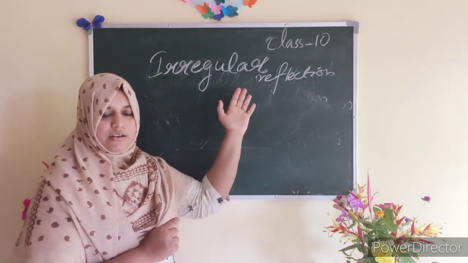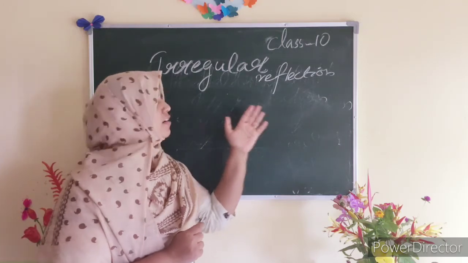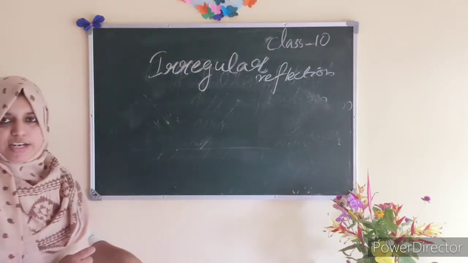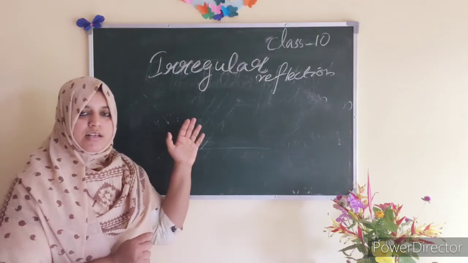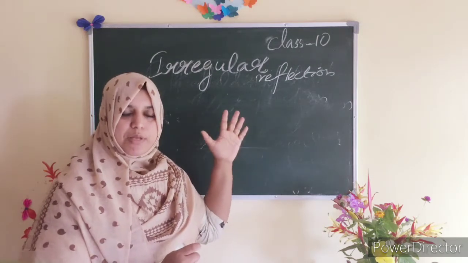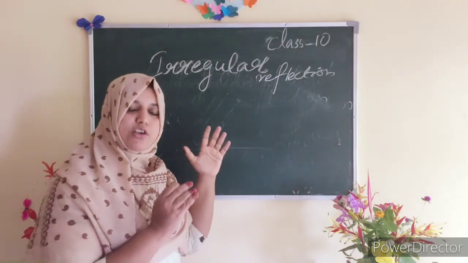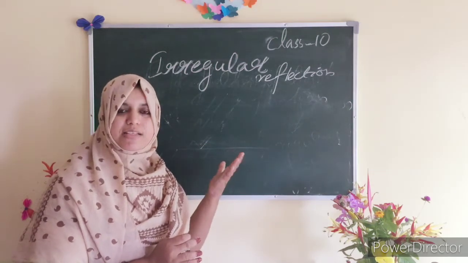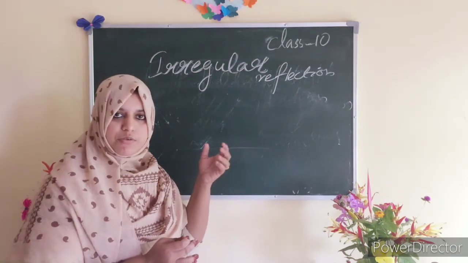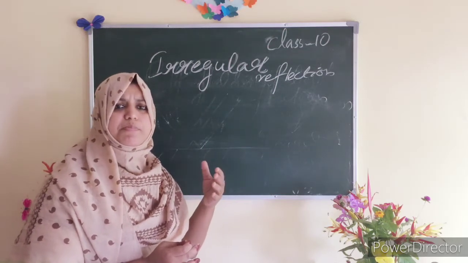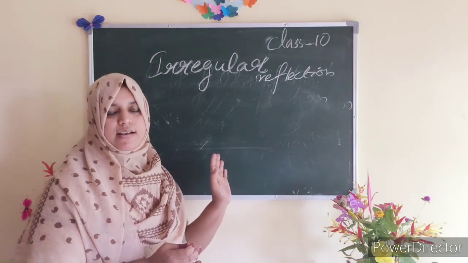Everyone is writing it down, right? Irregular reflection. Write it down. Irregular reflection means if a parallel beam of light falls on a rough, not polished surface, the reflected beam is not parallel.